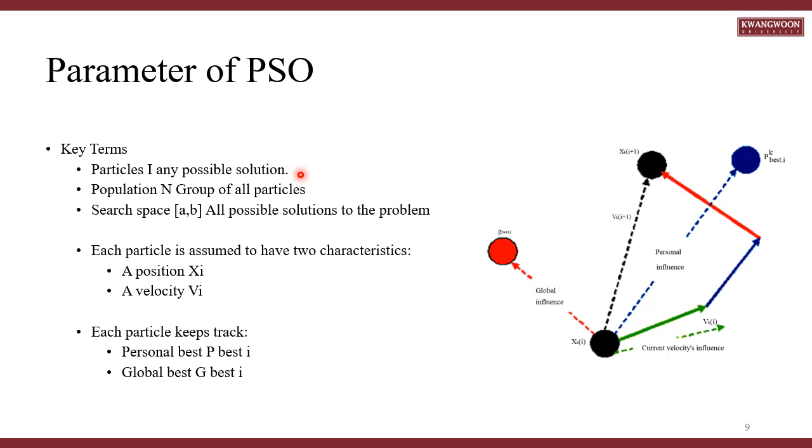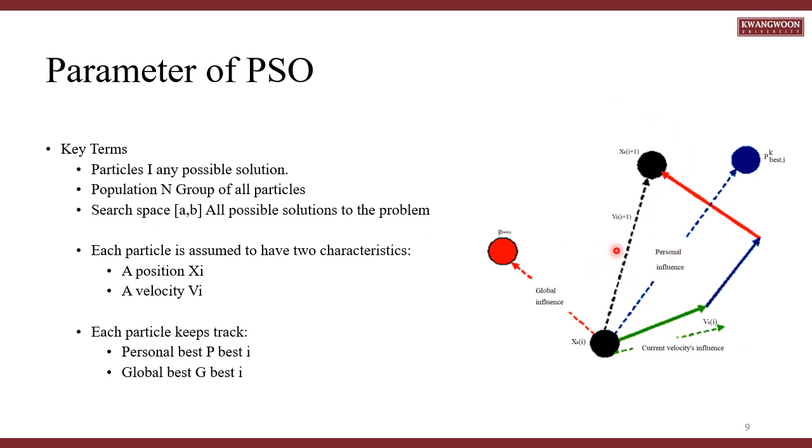Each particle is assumed to have two characteristics. First, position, which we define as xi here in the figure, and then velocity. So we can get the distance and the velocity of each particle.